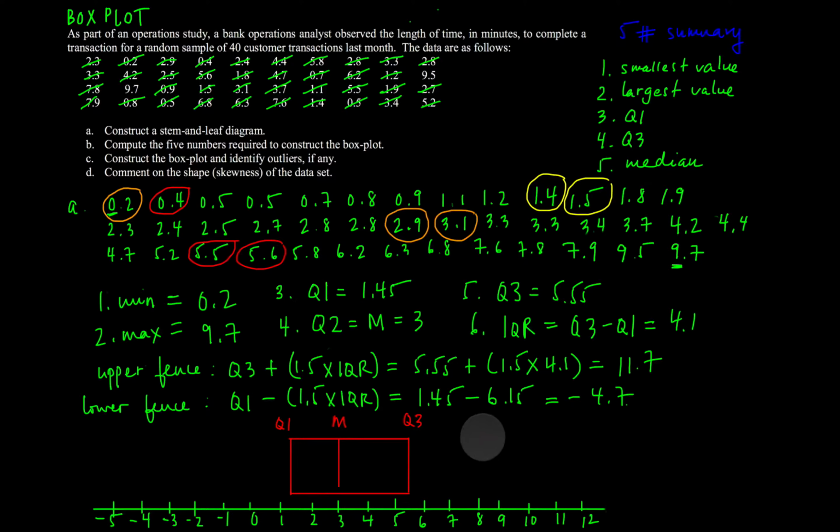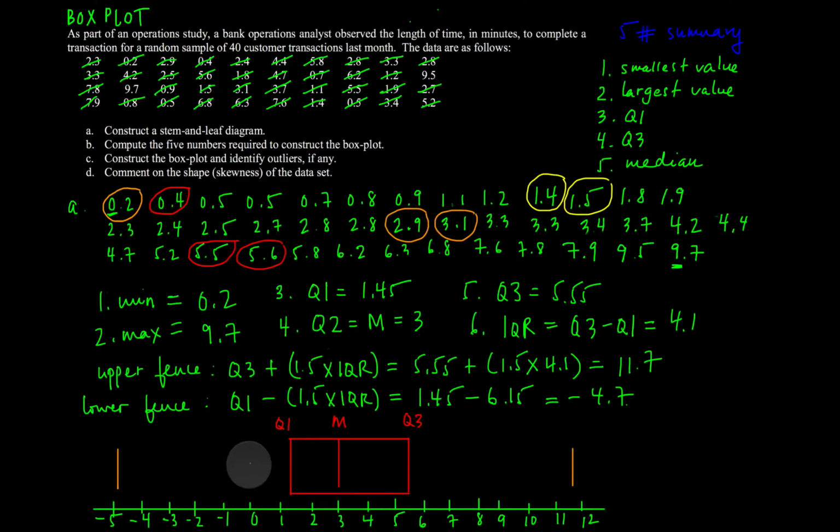Next, I suggest we add our upper and lower fence. So the upper fence is all the way up here at 11.7. And the lower fence is all the way down here at negative 4.7. Okay? Now, I often get asked, until where do the whiskers go?